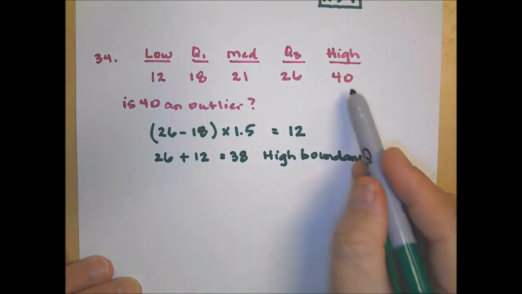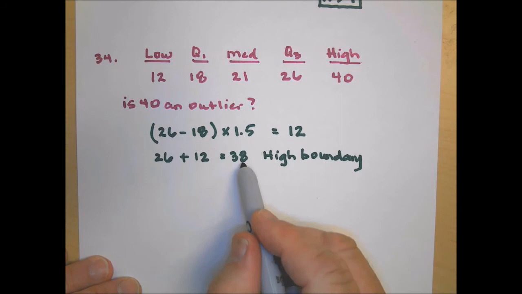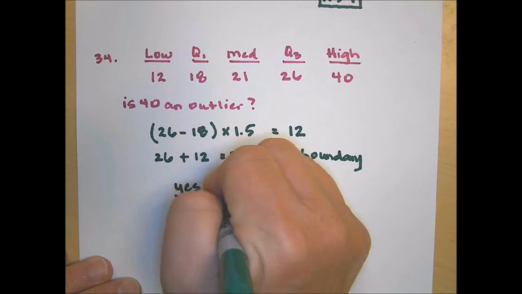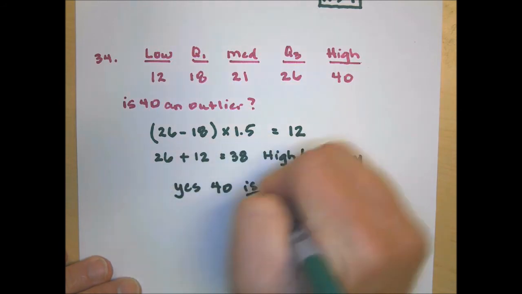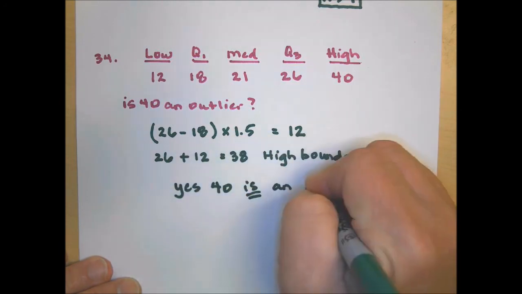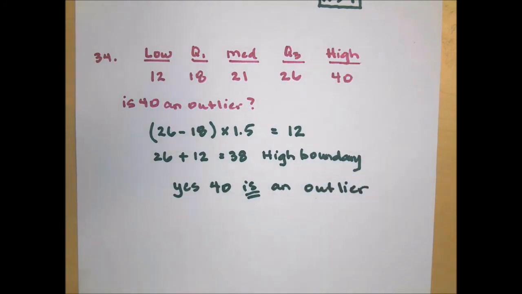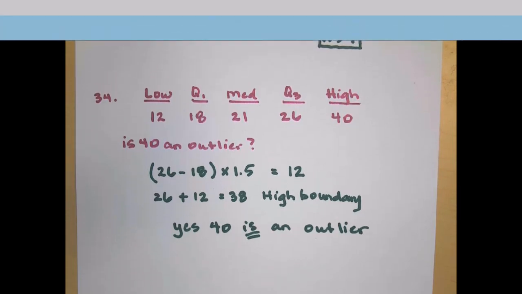And since the number 40 is more than the number 38, then yes, 40 is an outlier. Okay, and that completes the even problems that are more algebraic in nature and don't require graphing. We'll now move on to the problems that do require some graphing.